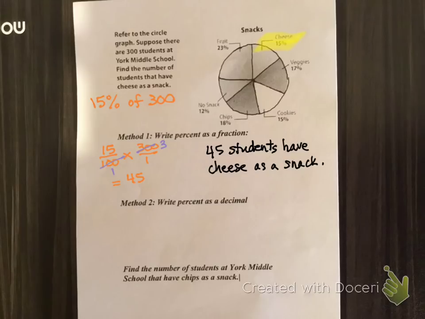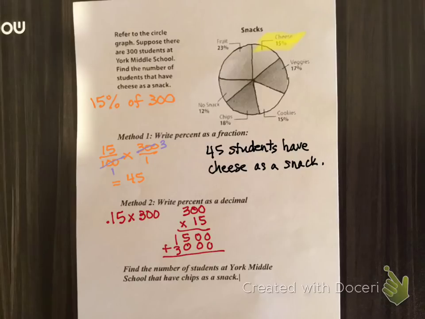Okay. Now, I can solve that same problem, but instead of writing 15% as a fraction, let's do it as a decimal. So I move the decimal left twice, and I have 0.15 times 300. So I put the longer number on top, shorter number on the bottom, disregard the decimal point temporarily. I get 0, 0, 15, put in a placeholder, 1 times 0, 1 times 0, 1 times 3.